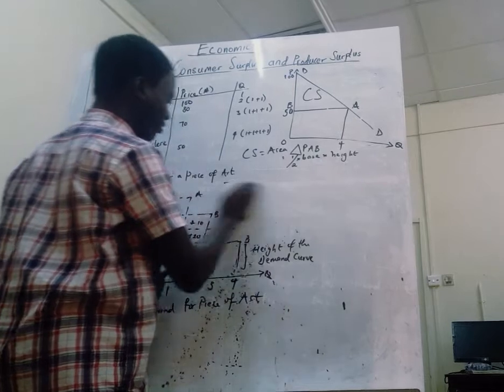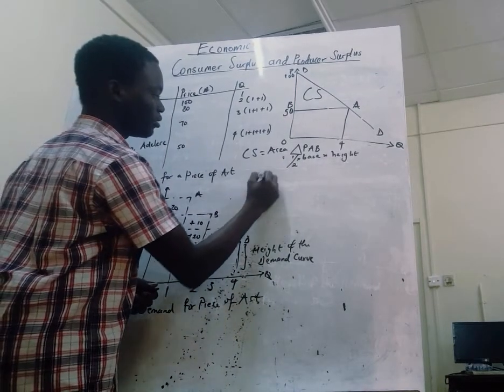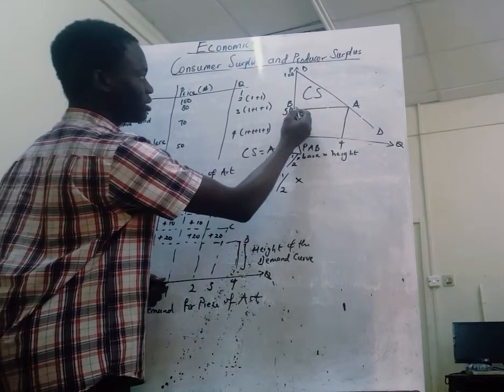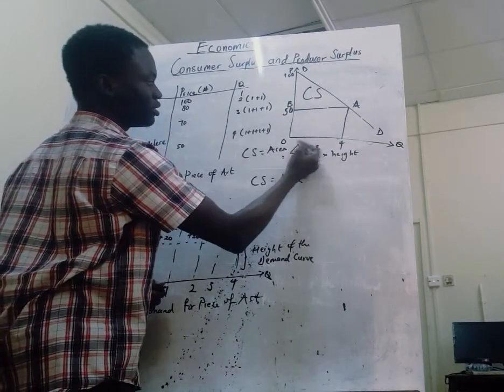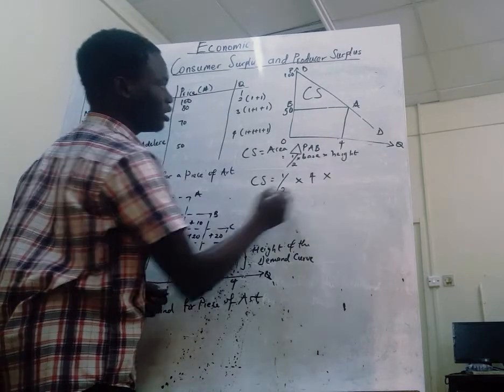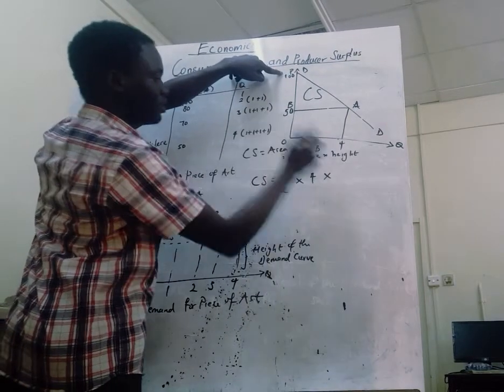Remember that our former answer was 100. So let's see if we are going to get 100. Now, CS is equal to half. What is the base here? The base is between 0 and 4, so our base is 4, that is 4 minus 0. Then, what is the height? The height is simply 100 minus 50.